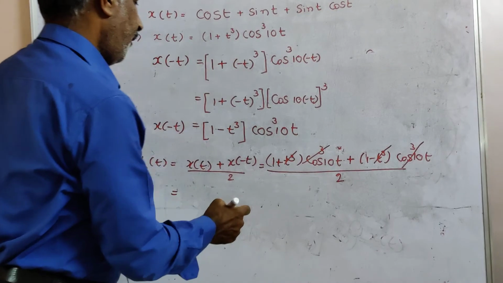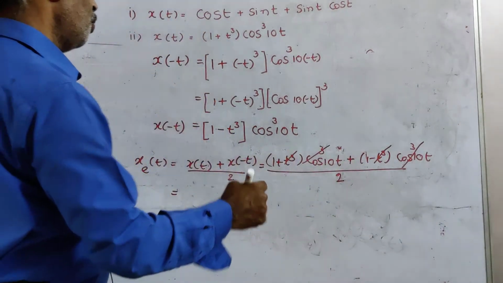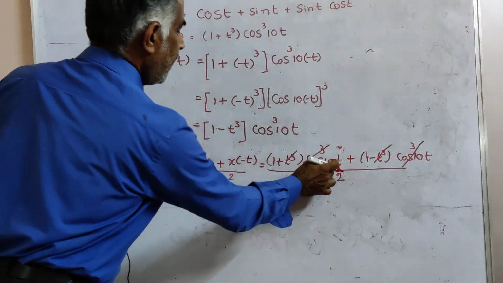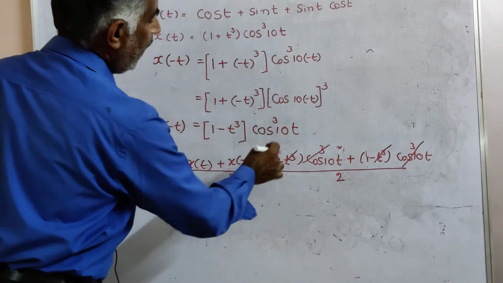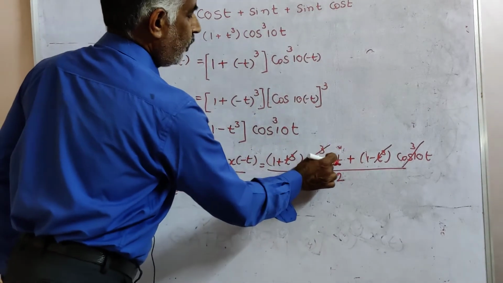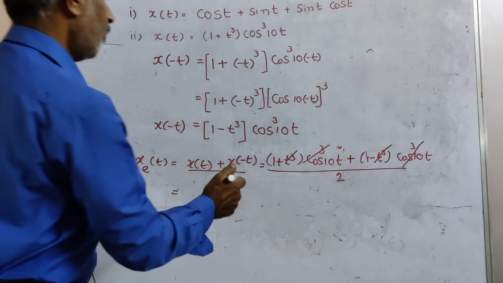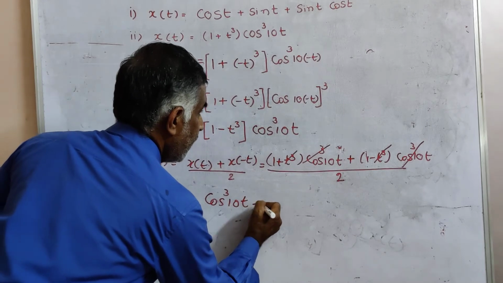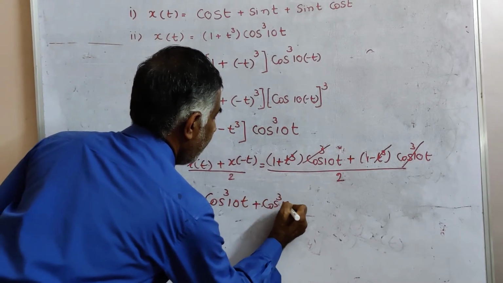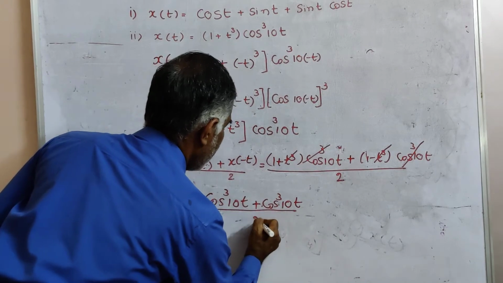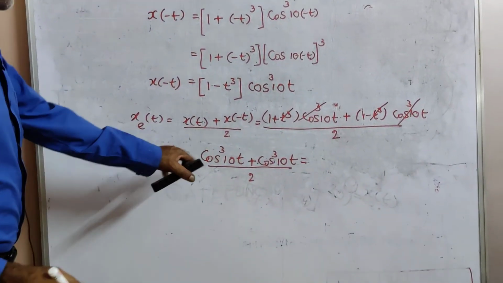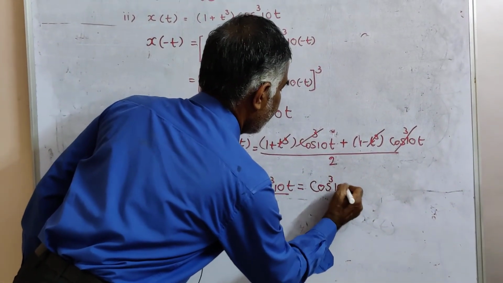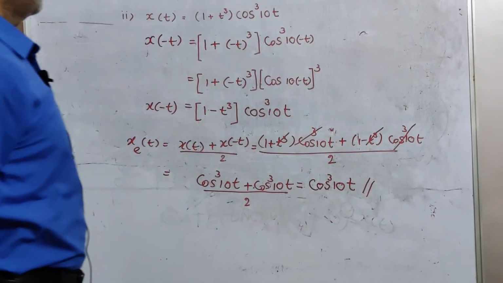We get 1 plus 1, that is 2. Here this cos^3 10t is also associated with 1. Only the term t^3 cos^3 10t cancels. Therefore, cos^3 10t plus cos^3 10t divided by 2, that is 2 cos^3 10t by 2, that is simply cos^3 10t. This is what is called the even part.